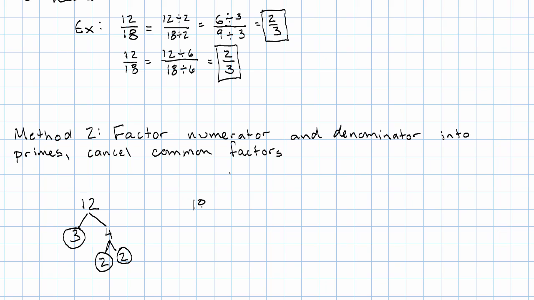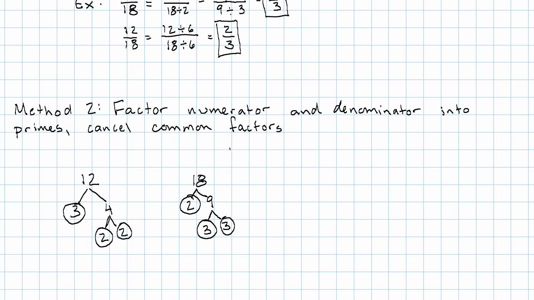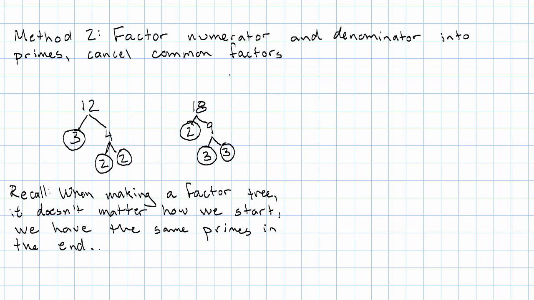To factor 18 into primes, we might say, well, 18 is 2 times 9. 2 is prime, 9 is 3 times 3. Notice that when we make these factor trees, it doesn't matter how we start. We'll get the same primes in the end.